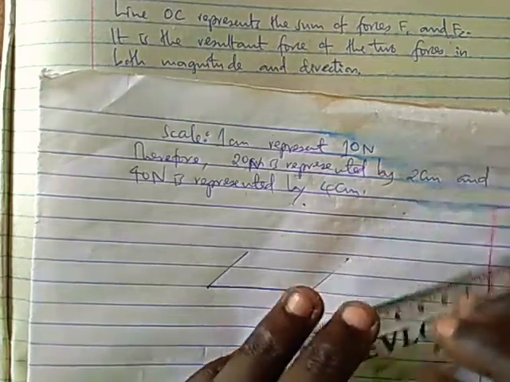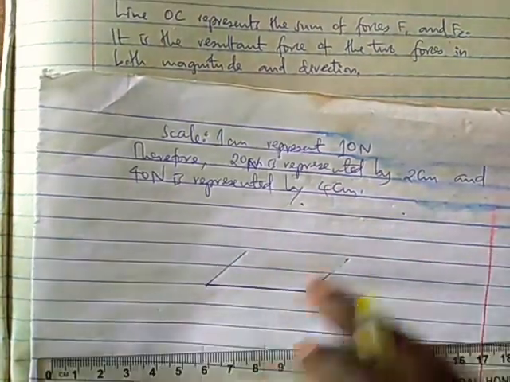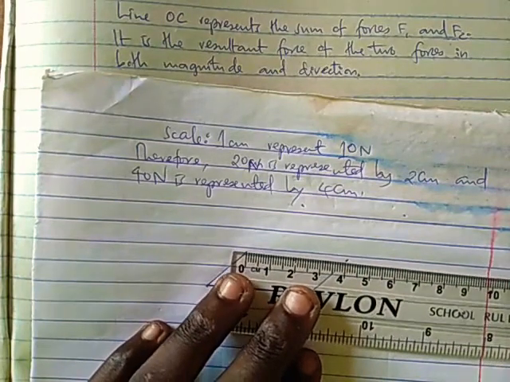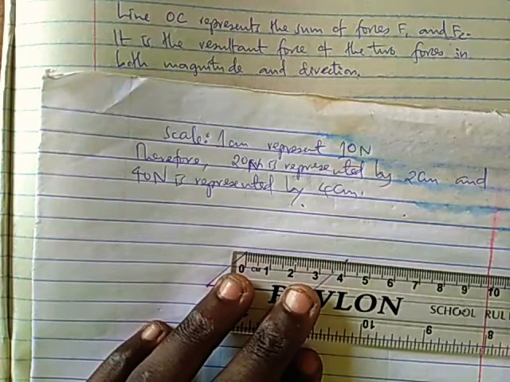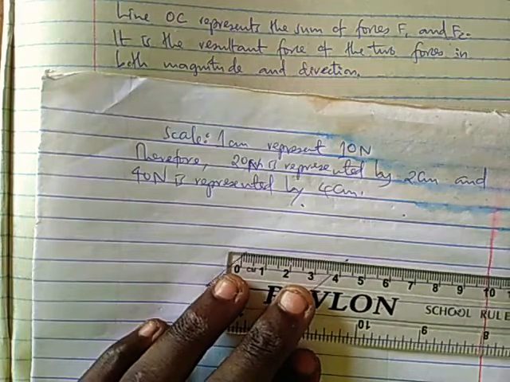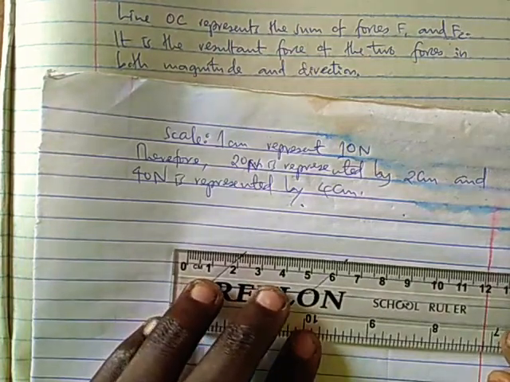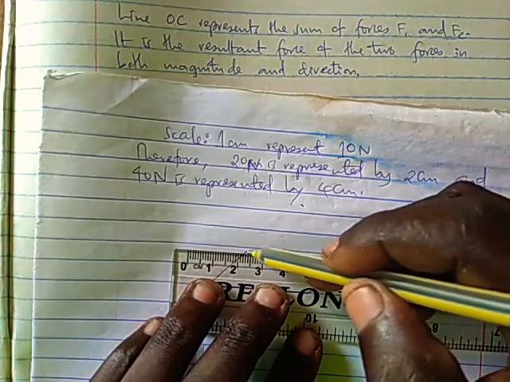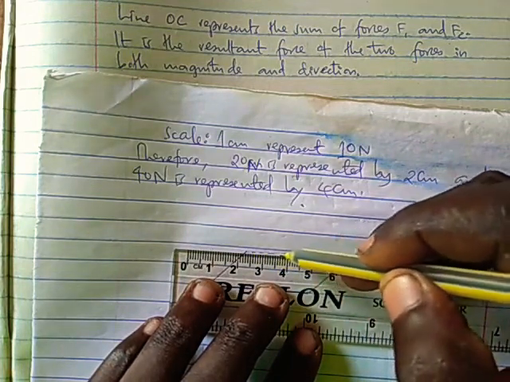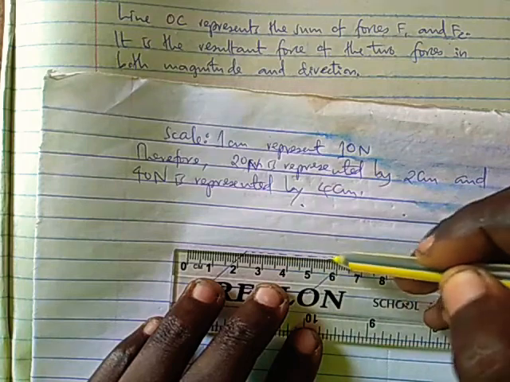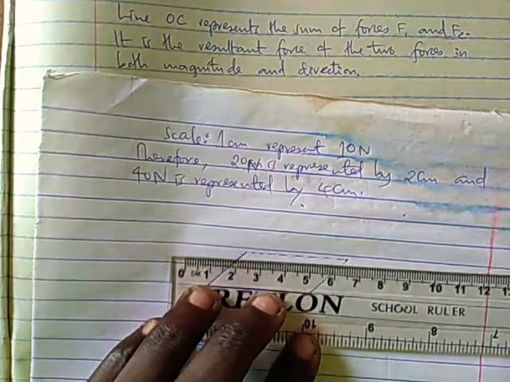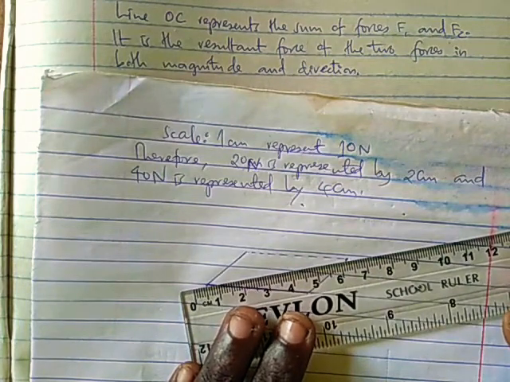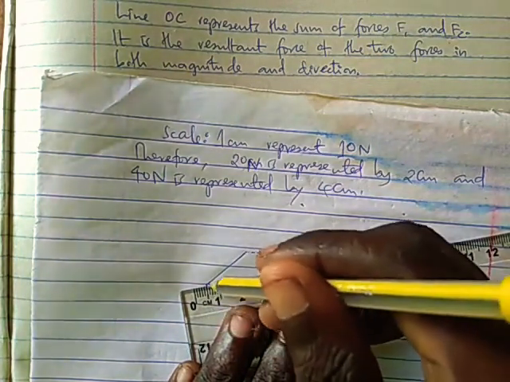Kwa sababu sasa tayari nina hizo dotted line, nina line hii na line hii. Huku juu naweza tu nika connect bila hata kutumia ruler. From there dotted line. So from there tutachora diagonal of our parallelogram.